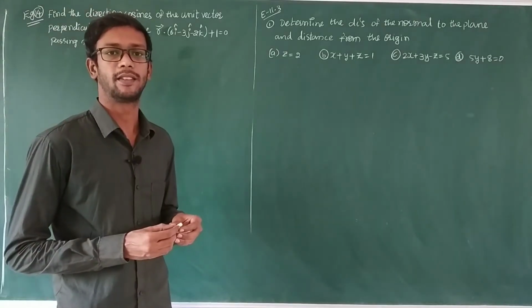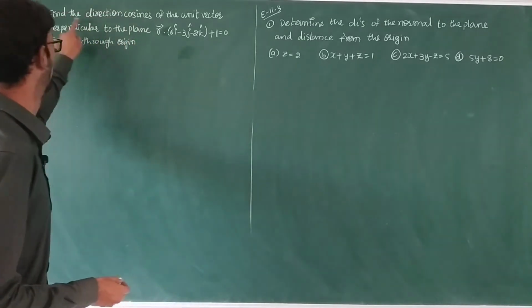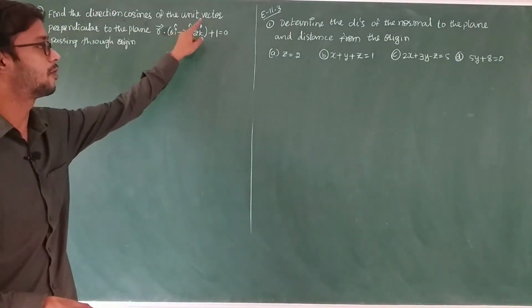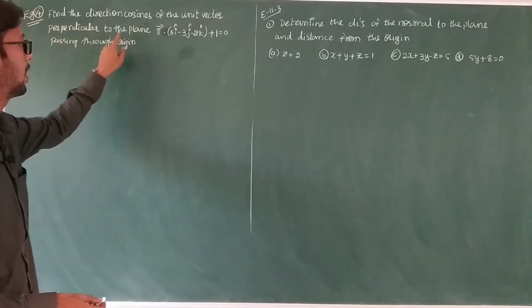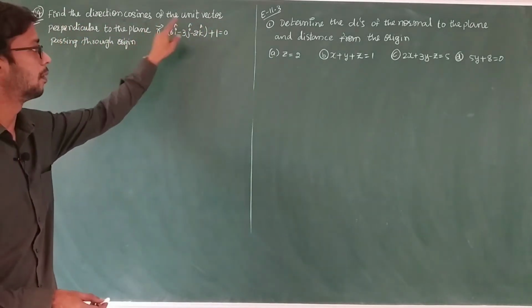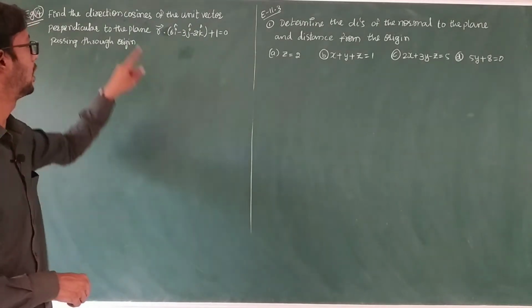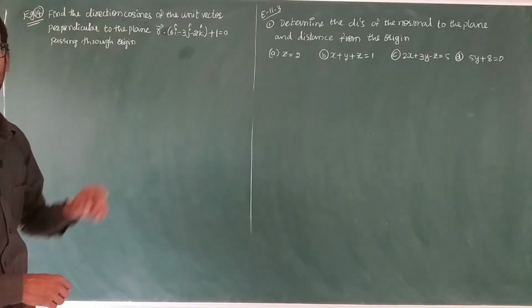Now example 14. Find the direction cosines, that is nothing but the DCs, of the unit vector perpendicular to the plane passing through the origin.